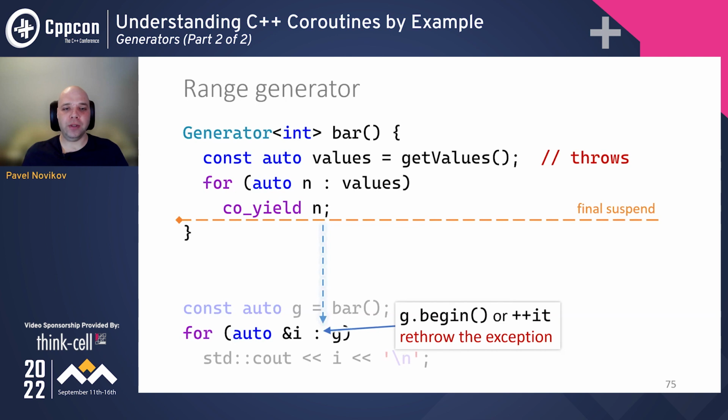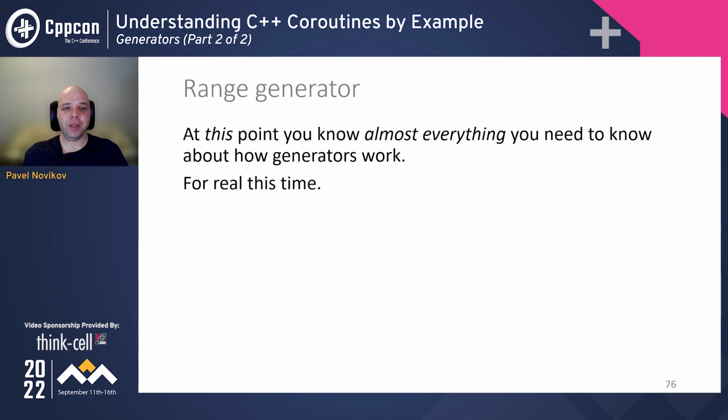So for the purpose of being able to rethrow the stored exception, we need to suspend at the final suspend point. So the resources and the promise type in which we store the result, including the exception, is alive, and we have access to that, and we are able to rethrow that exception.